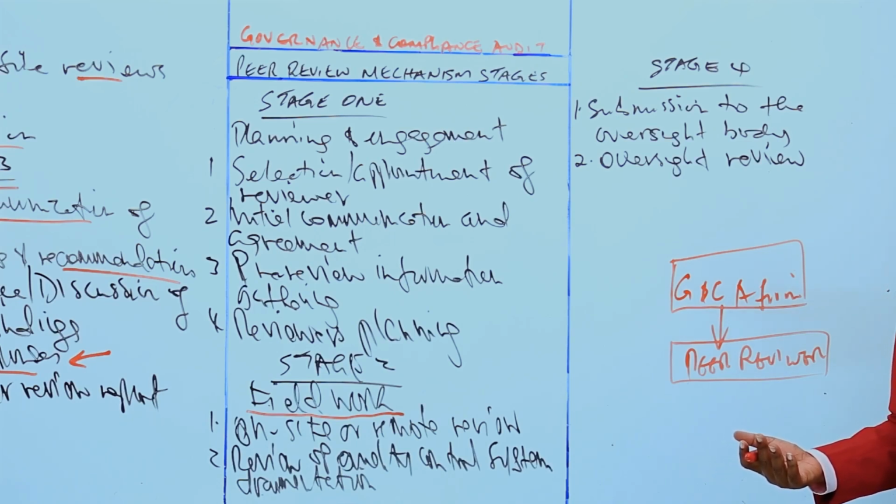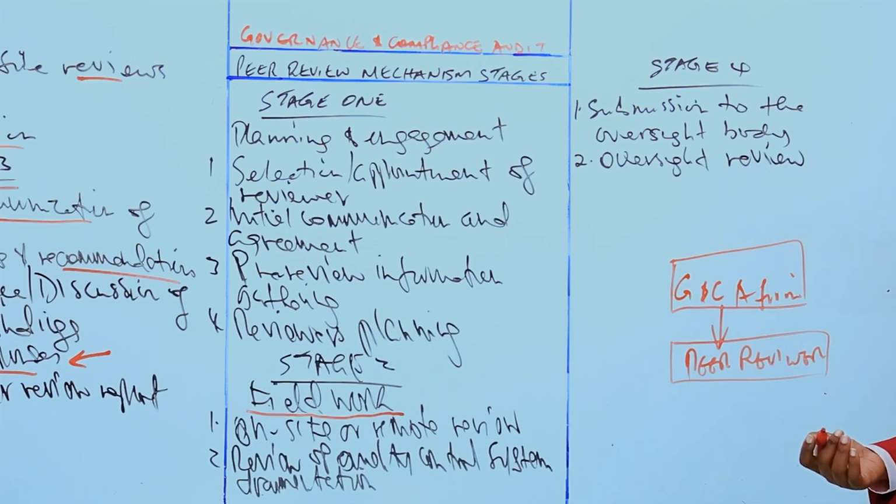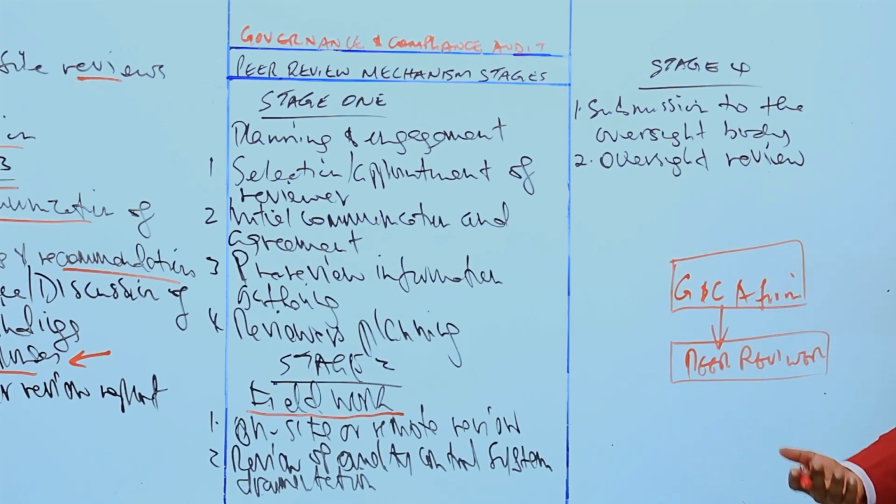The peer reviewer evaluates and determines if the firm has adhered to professional standards, to ethical standards, and also checks if the quality control system is in order.